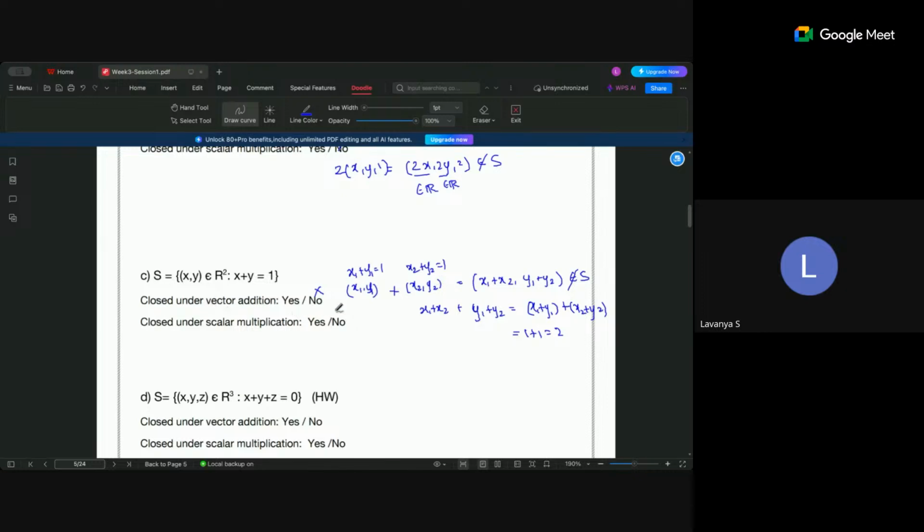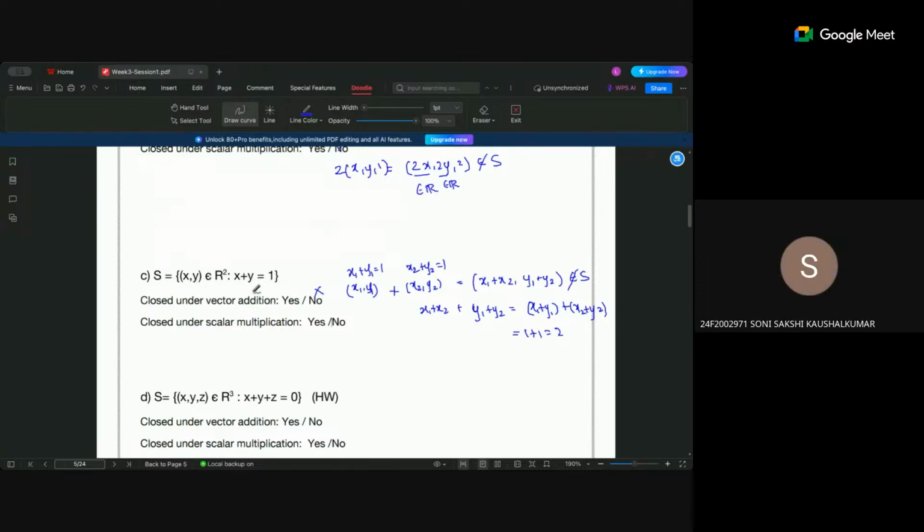Do you understand what I'm saying? Suppose you are getting one specific case where the sum is still in S. That will not prove closed under vector addition. You have to prove it for any two general vectors. But a counter example, one vector, is enough to say it is not closed under vector addition. Do you understand?